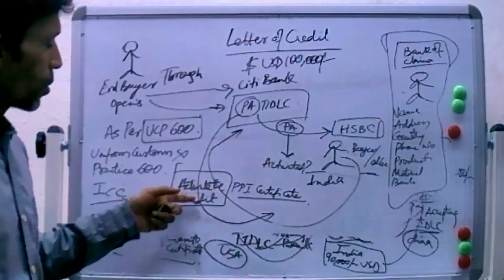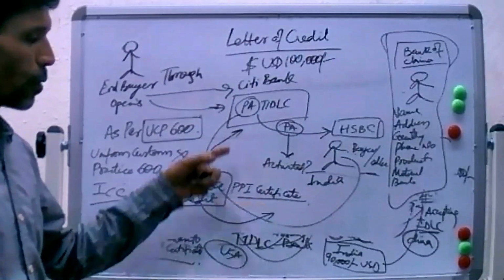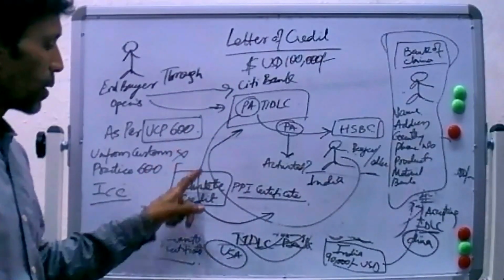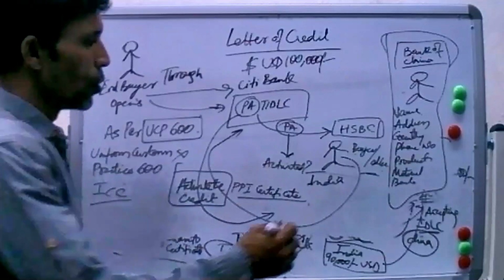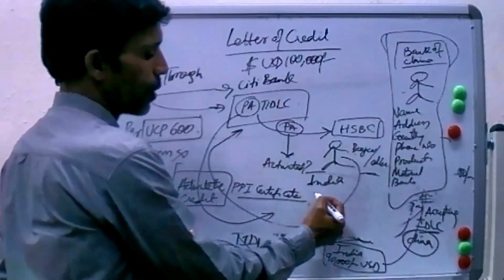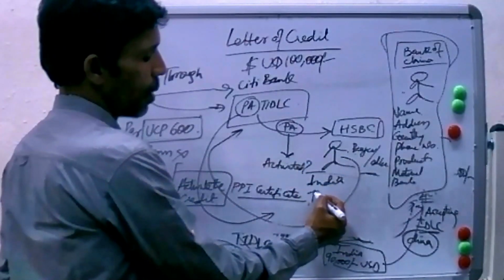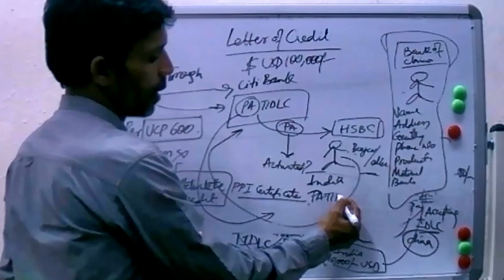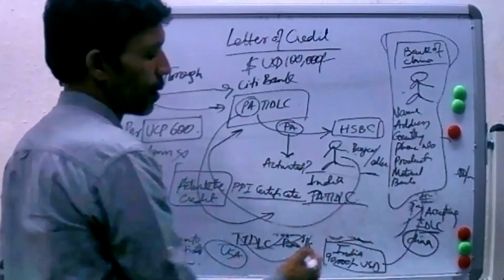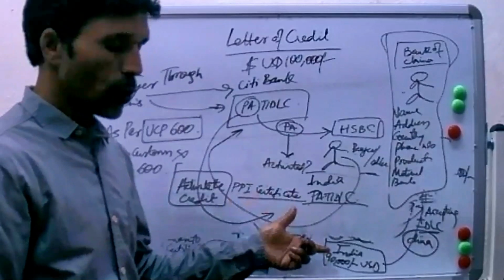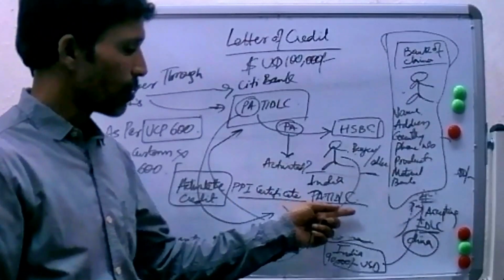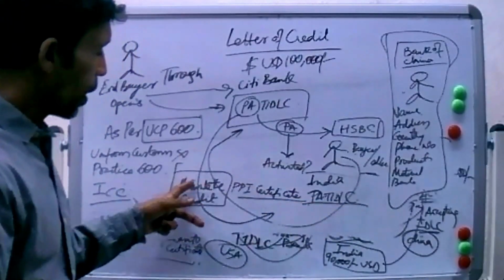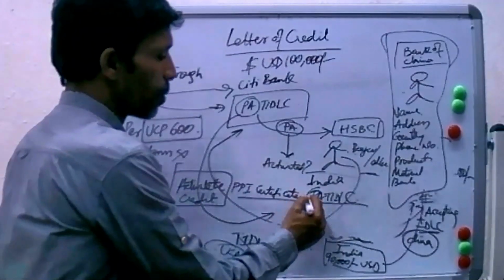They must activate this credit once you provide the PPI certificate. Since it was a pre-advised transferable documentary letter of credit at your stage, once the credit is activated, this pre-advised status will be gone.